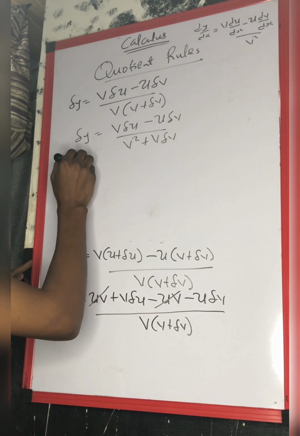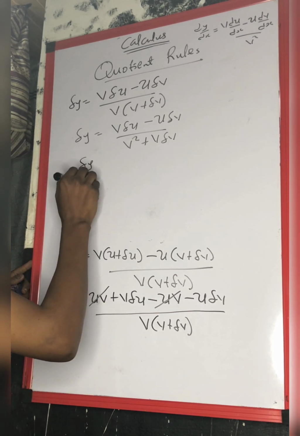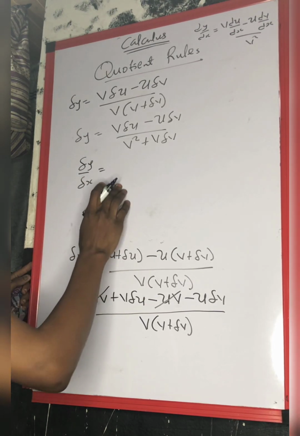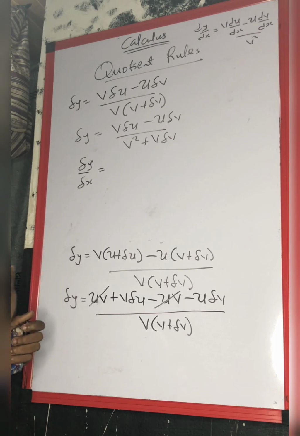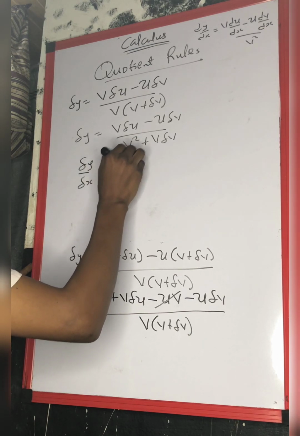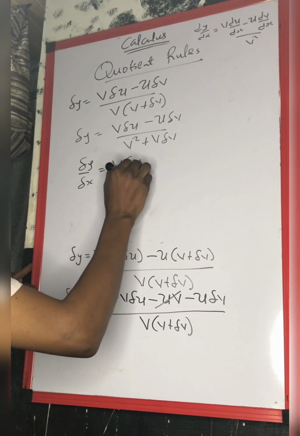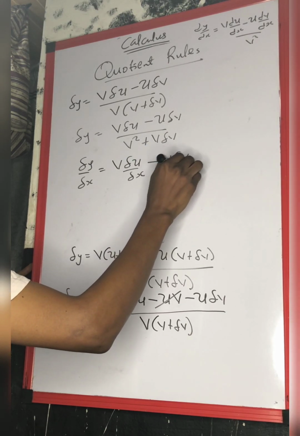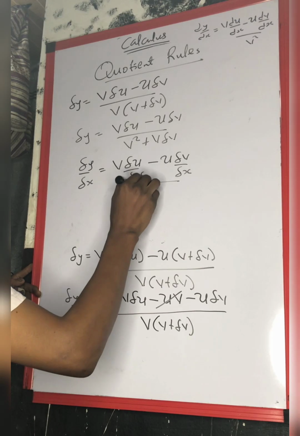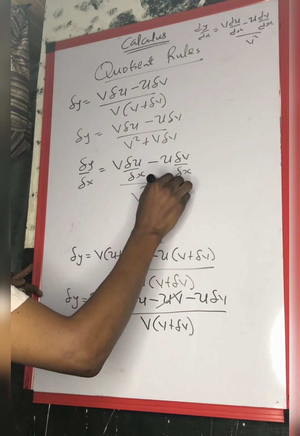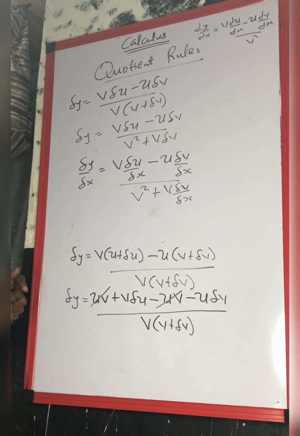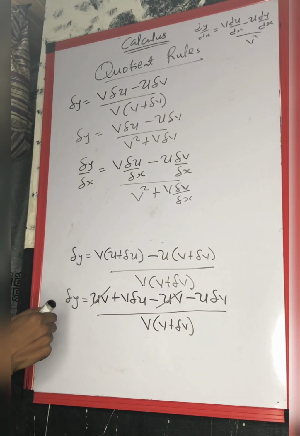This is change in y over change in x equals v change in u over change in x, then minus u change in v over change in x, all over v squared plus v change in v.